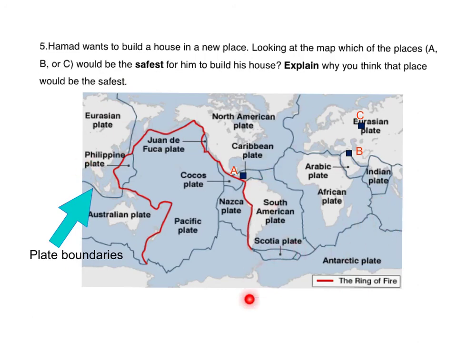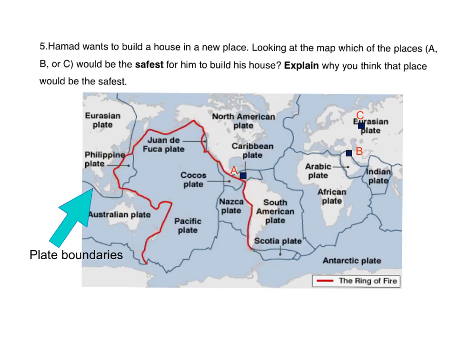So the blue lines represent those pieces of Earth's crust that are separated into chunks, and the lines between them are the plate boundaries. And we have learned that those plate boundaries are pretty exciting places because those plate boundaries are where we find most of the Earth's volcanoes, all right?